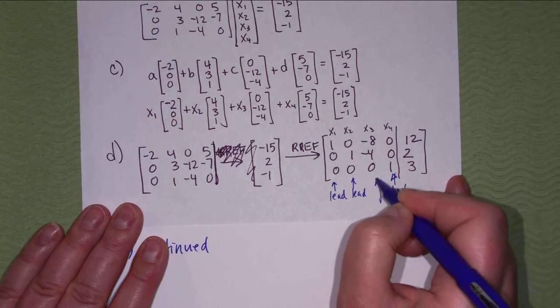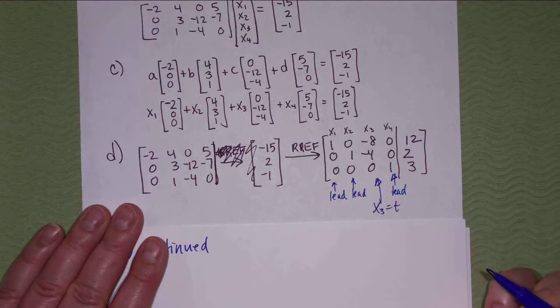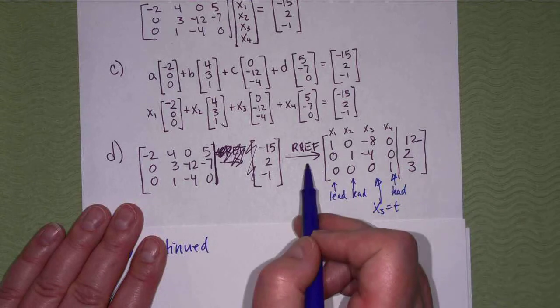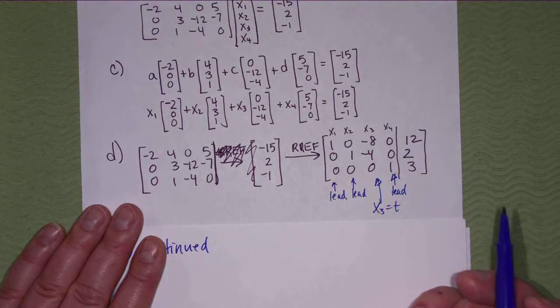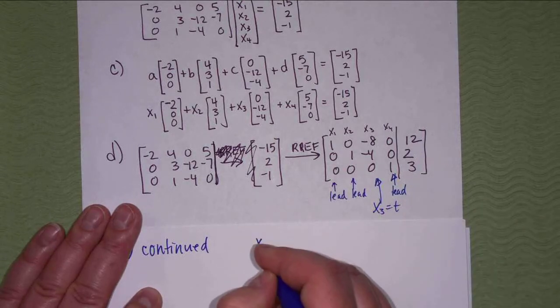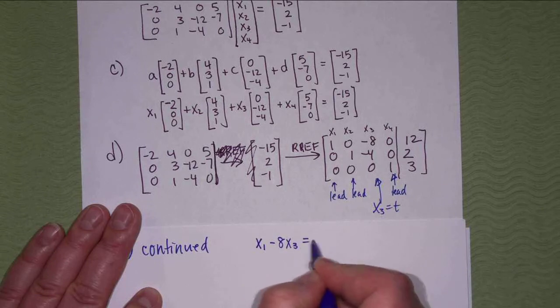So X3 is free, right? You look for the ones that are the starting ones in each row. Because there are 3 rows that don't all have zeros, there's 3 lead ones. And then we would write it out. So X1 minus 8X3 equals 12.